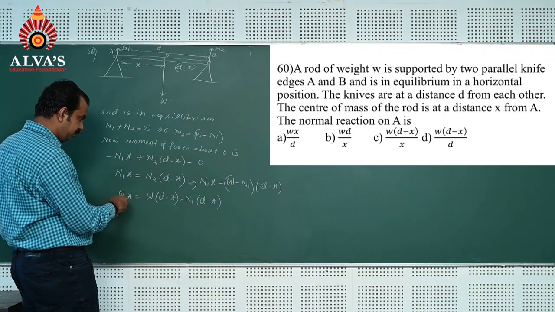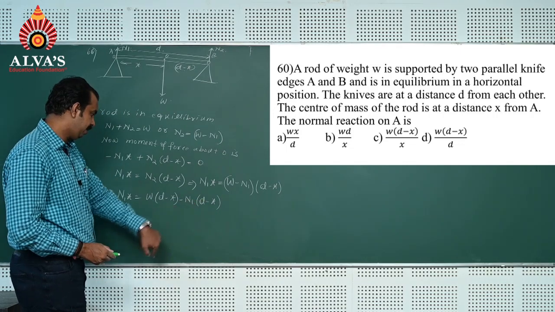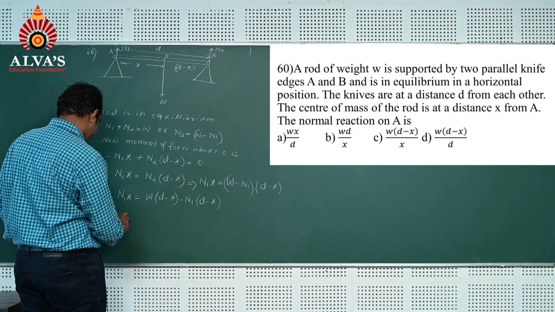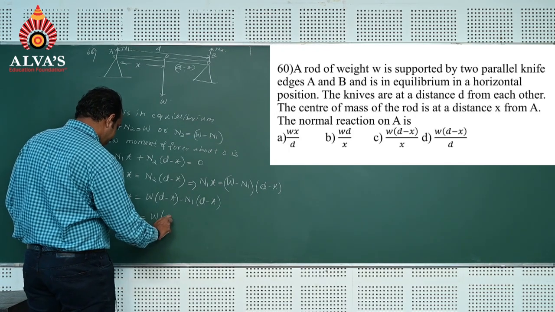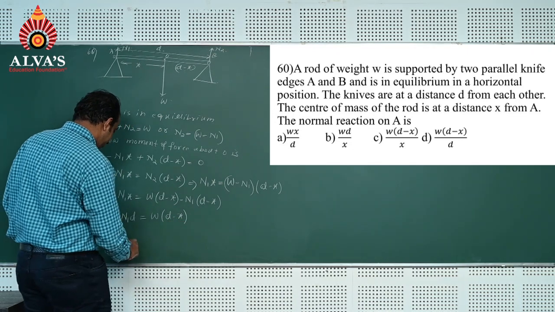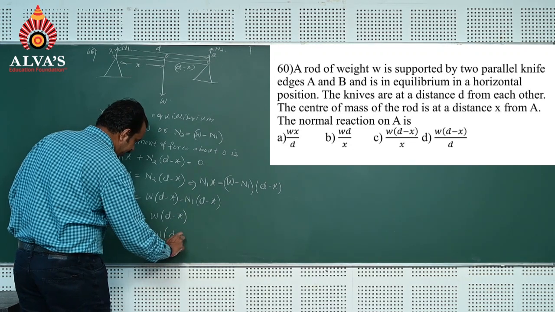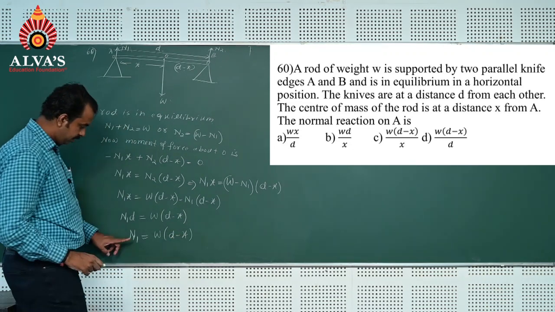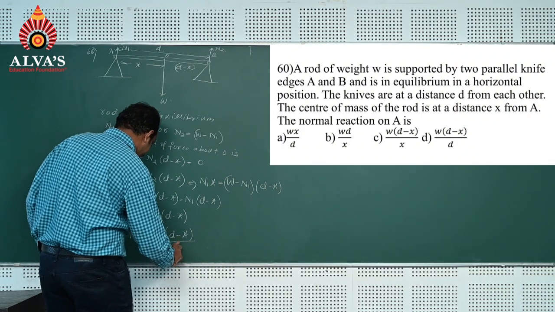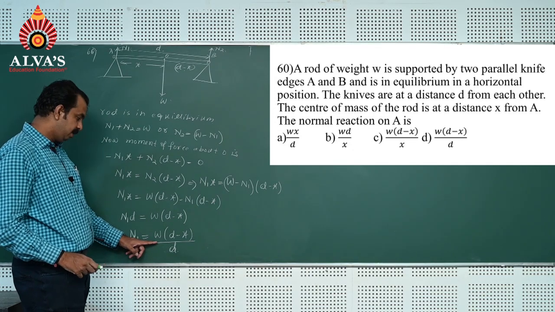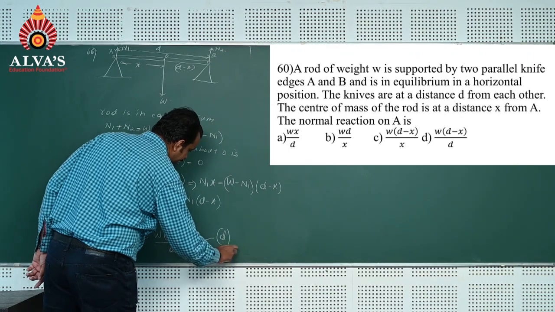If you look at this, N1x is cancelled by this N1x, and minus N1d becomes plus N1d on this side, it is W into d minus x. That is N1 is equal to W into d minus x divided by d. That is option D is the correct answer.